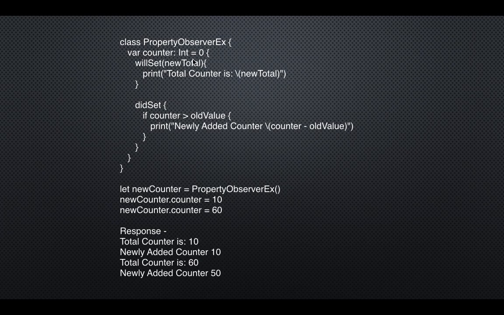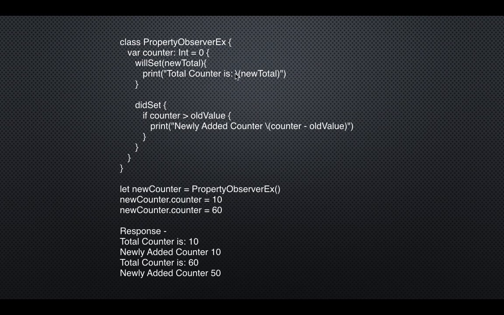For this we can use didSet and willSet. In willSet and didSet, the default variable which will be passed in willSet is newTotal. So the total counter is newTotal, and if counter is greater than oldValue, newTotal and oldValue are default, you can just use them. Okay, so oldValue and newValue are something which are default. You can use oldValue or you can use newValue as well. newTotal is something which you have passed.